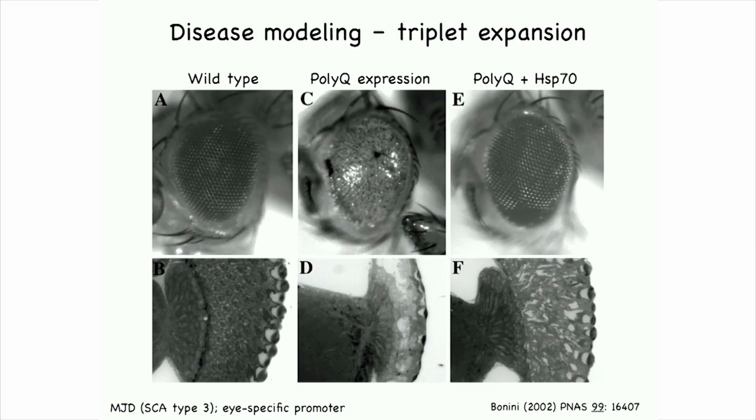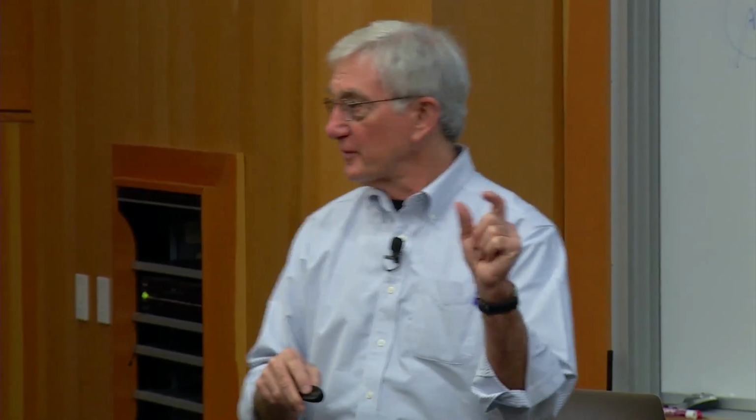This is an example of using Drosophila to study human disease. Many of you are probably aware of these triplet repeat expansion diseases where, often within coding sequence, a multiplicity of triplets will be expanded, and as that cluster gets larger, there gets to be a disease of some kind.